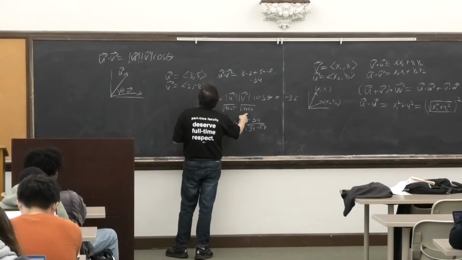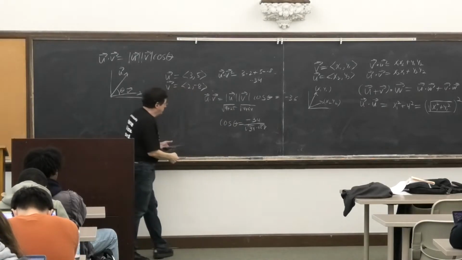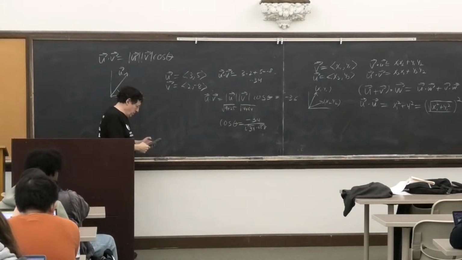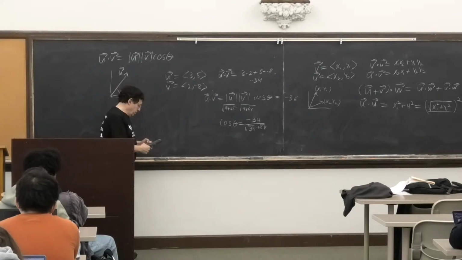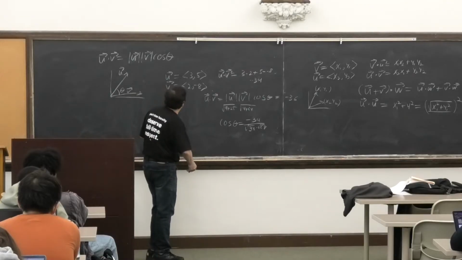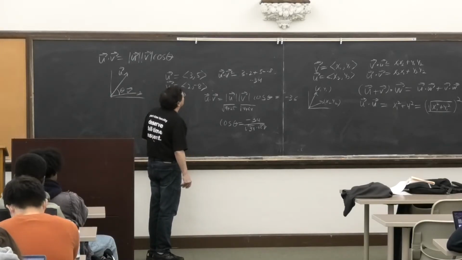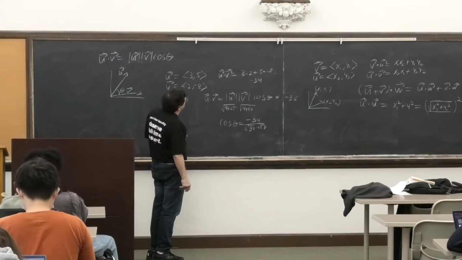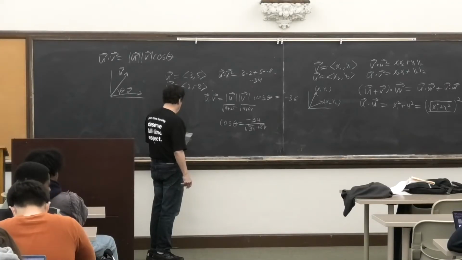Plus 4, yeah, all right. One more try. -34 divided by square root 24, square root 68. No, 34. Still wrong. 6, -40, -34. Hey, I have an answer.